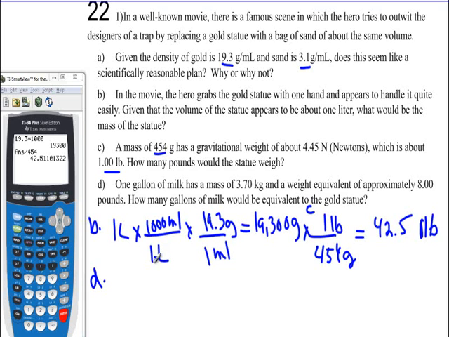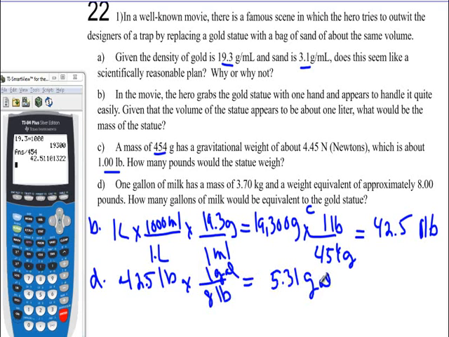Okay, so I'm going to start with my 42.5 pounds, and what I know is there are 8 pounds in 1 gallon. So if I multiply this out, I get 5.31 gallons.